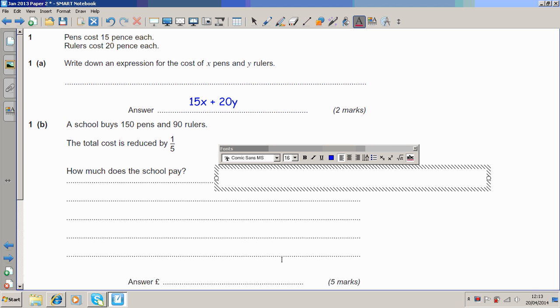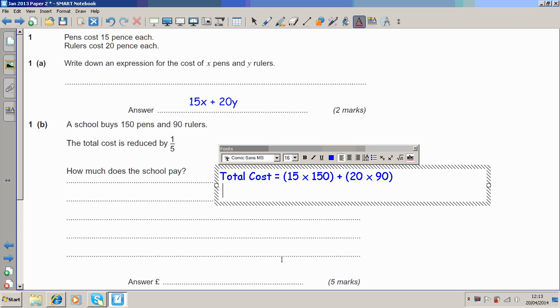So, cost will be 15 times your number of pens, 150, plus, I'll call that total cost, plus 20 rulers, which are, 90 rulers, which are 20 pence each. So 15 times 150.